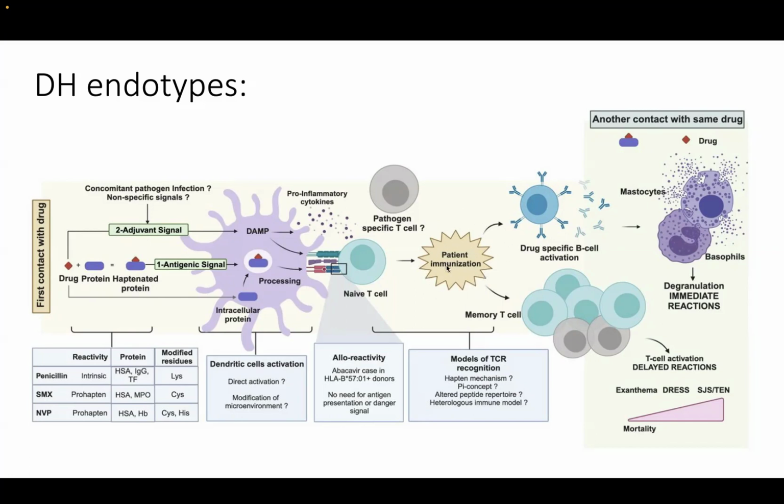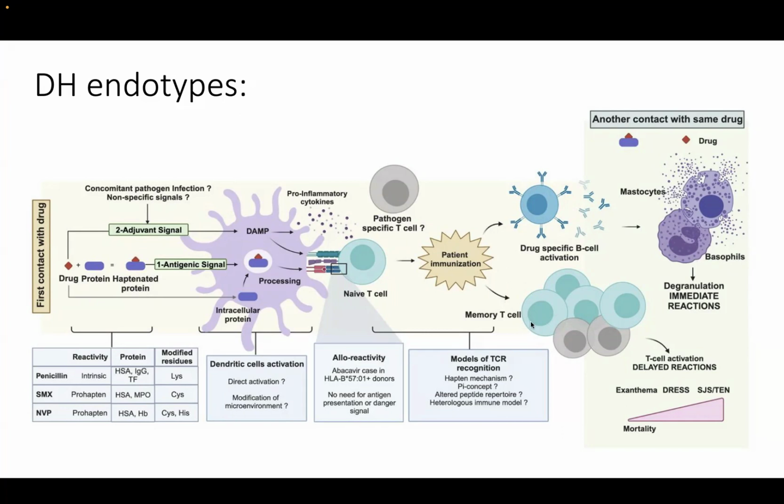So the patient has sensitization, either had a drug specific B cell that will produce drug specific immunoglobulins, either IgE, IgG, whatever the mechanism the patient may have. And then the patient has another contact with the same drug. So this is what will happen, the patient will have an immediate immune-mediated reaction, the stimulation of the responsible cells, and then the phenotype or the reaction that the patient will develop.